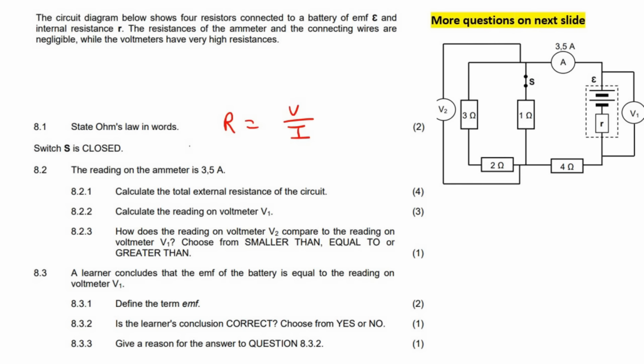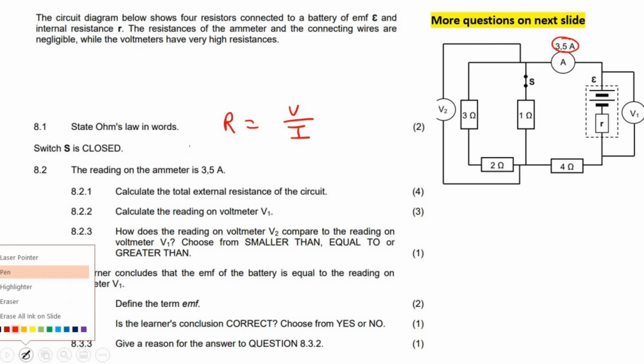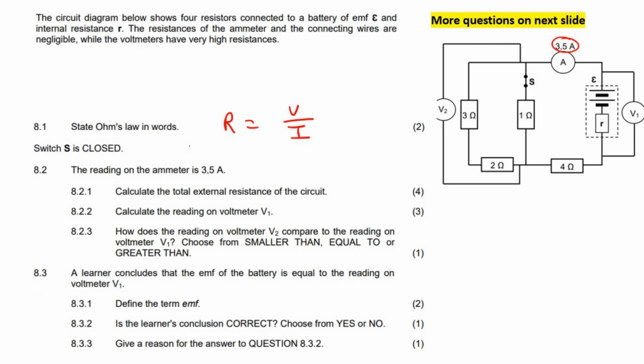They tell us that switch S is closed. Now they say that the reading on the ammeter is 3.5 amps. First question for 4 marks: calculate the total external resistance of the circuit. Well, step 1, you need to see what's parallel and what's in series.